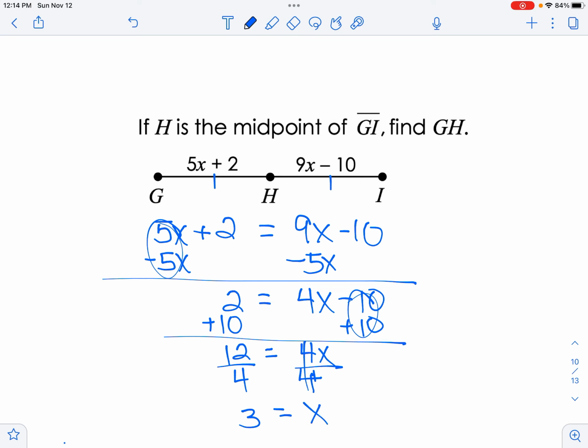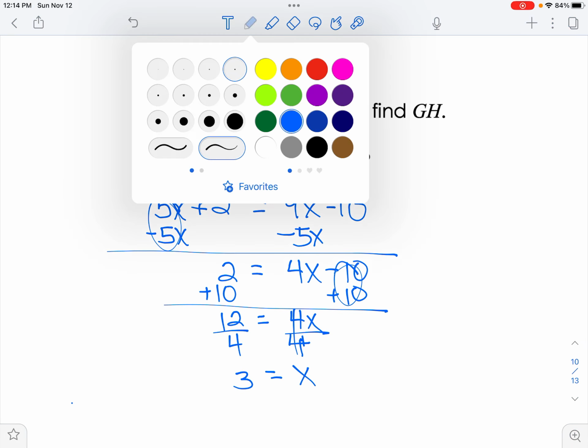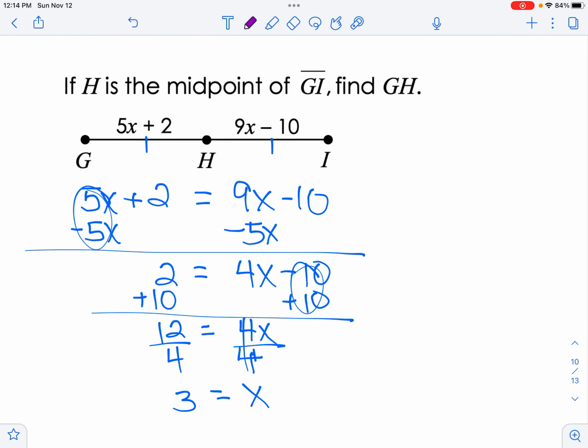Okay, now they don't ask for x here. They ask for what is GH. So I want to answer that, right? GH, it says, is 5x plus 2 right here. So I'm going to say 5 times 3 plus 2.